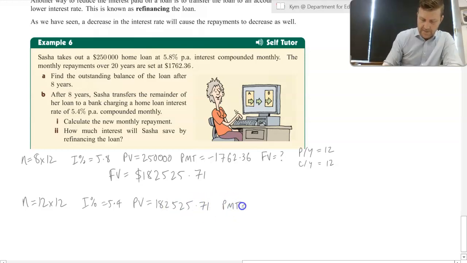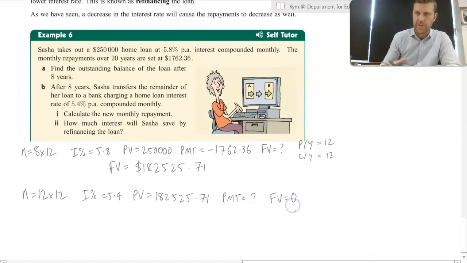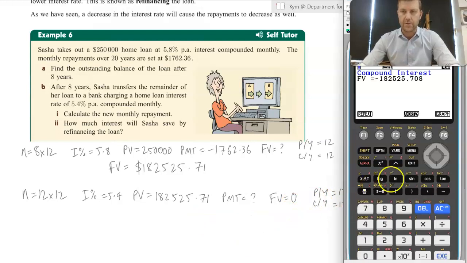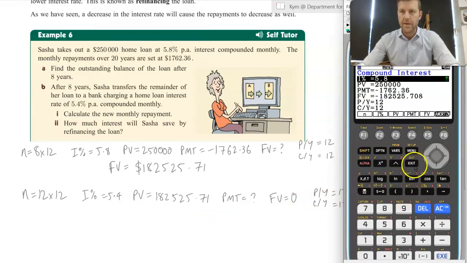PMT is now what we're being asked to determine in this question. We want to pay off the whole loan completely after this next 12 years, or after the 20 years in total. So set FV as 0. PY and CY will remain as 12 because we are paying monthly, and compound periods are also 12 per year.